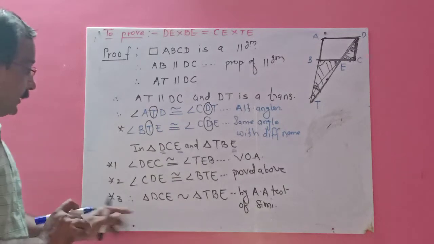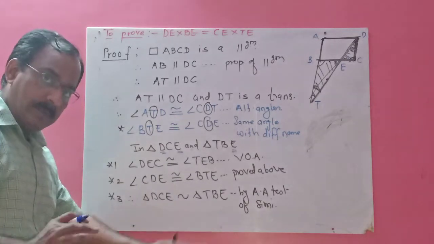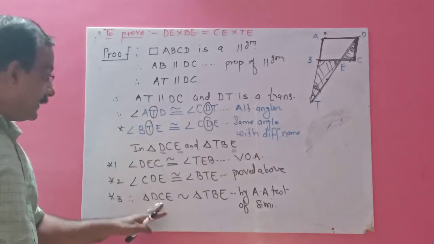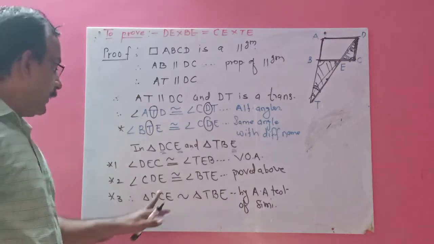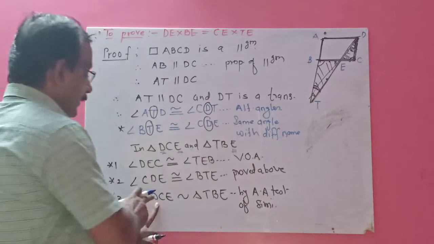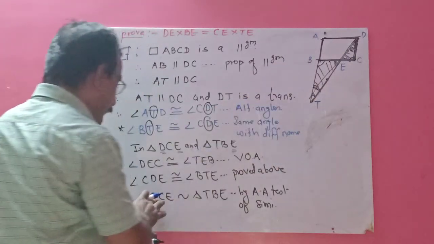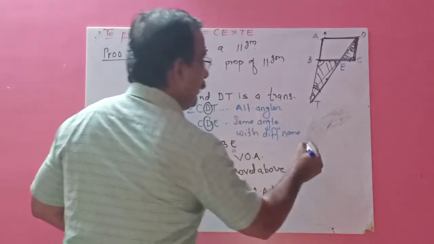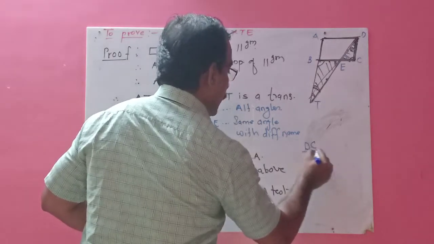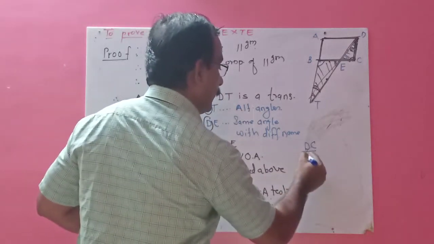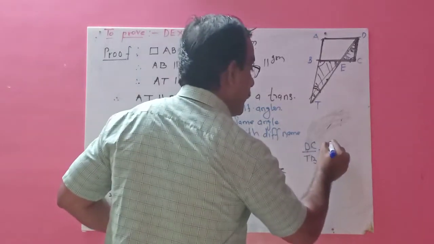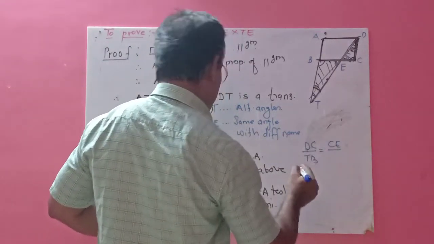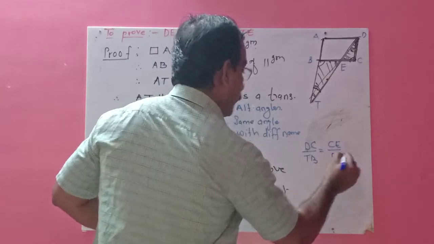And if the triangles are similar, I am telling you again and again, if the triangles are similar, their sides are in proportion. That means how we will write? Don't see from here, just see from here, DC upon TB. So DC upon TB, it is equal to CE upon BE.